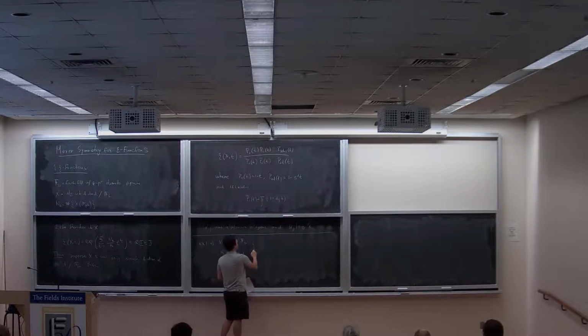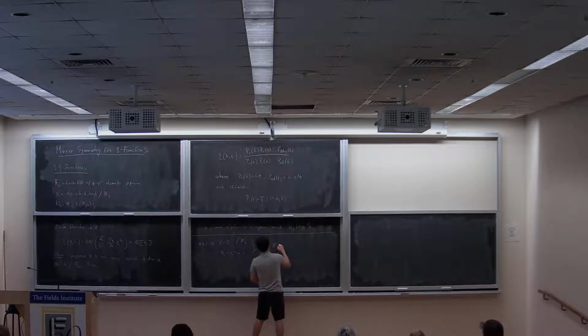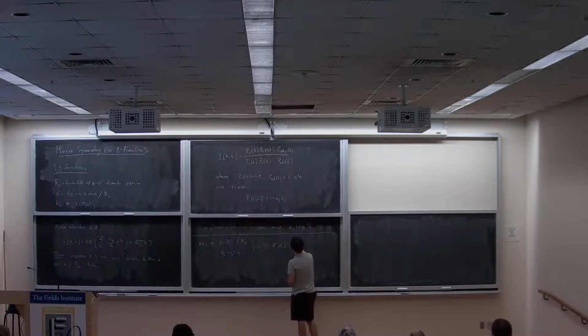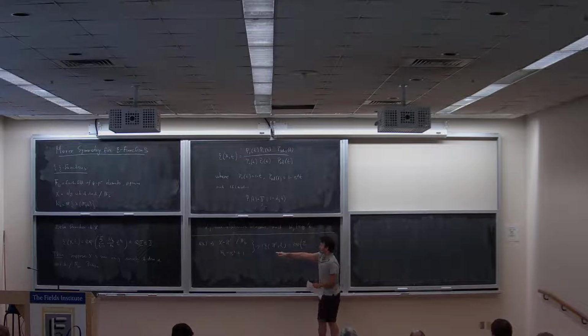And so what does that mean for the zeta function? Well, the zeta function of the projective line is then, by definition, the exponential of the sum of (q^k plus 1) divided by k, where k goes from 1 to infinity, times t^k.